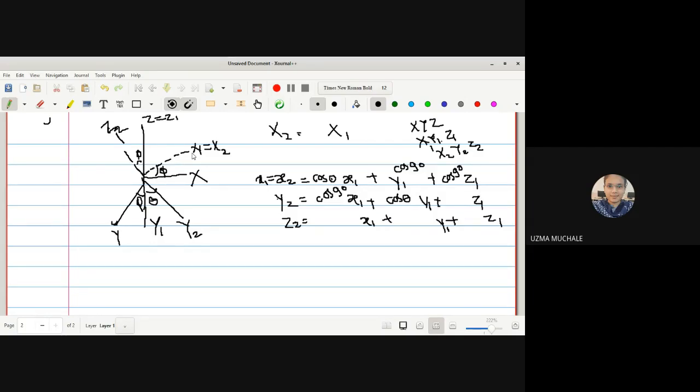So what will be the angle between y2 and z1? What is the angle between y2 and z1? 90 minus theta. Where are y2 and z2?